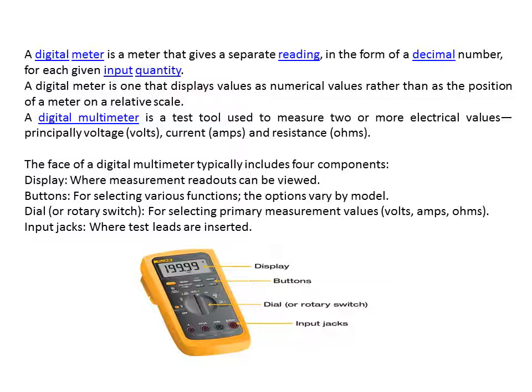Buttons, for selecting various functions; options vary by model. Dial or rotary switch, for selecting primary measurement values: volts, amperes, ohms. So these are the faces of the digital meters.